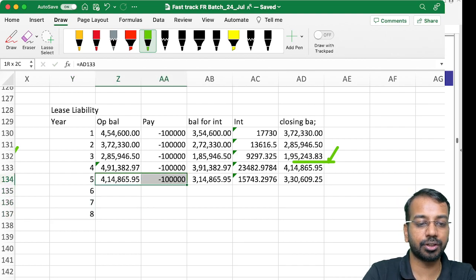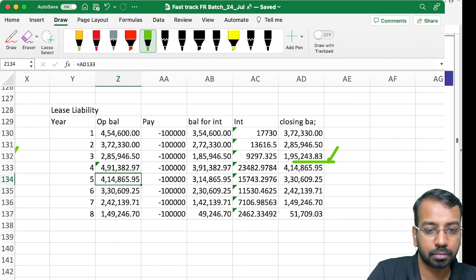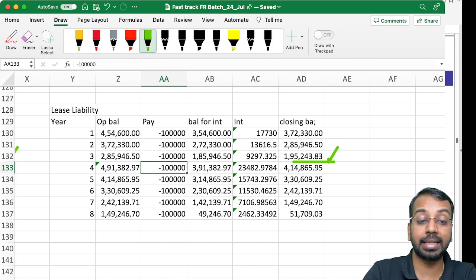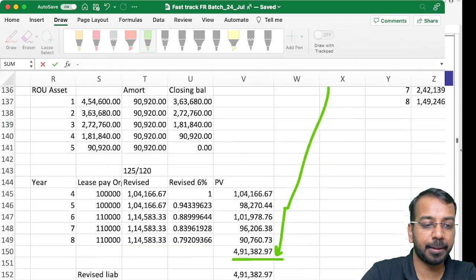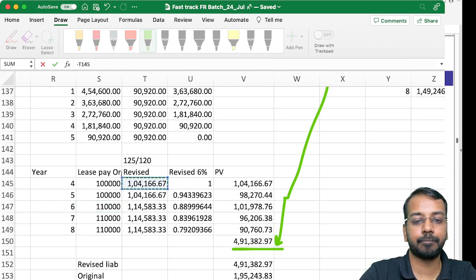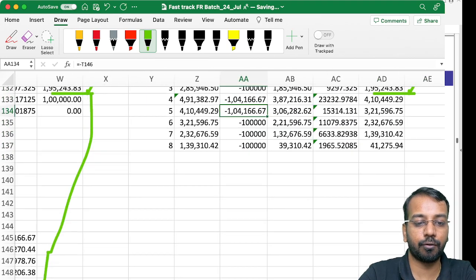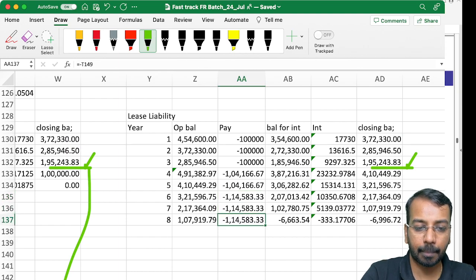When you do the calculation, the payment also has changed. I wrote 100,000. The payment has changed, so the payment has to be 104, then 104, then 114, 114, 114. Where did I miss it?